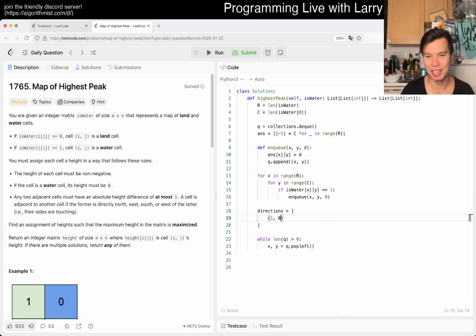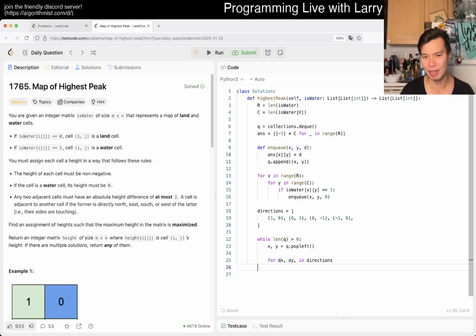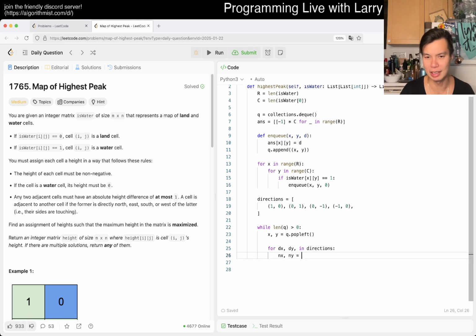You have to set up the direction, up, down, left, right, not in that order. I don't usually, I just do whatever feels right in the moment. But this I usually write mostly the same way, at least in Python. In C++, or C-like languages anyway, I write it a different way. And I'm going to keep it in bounds.